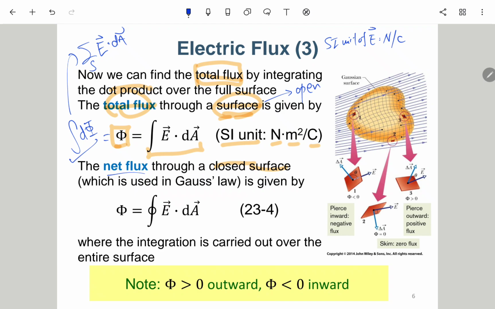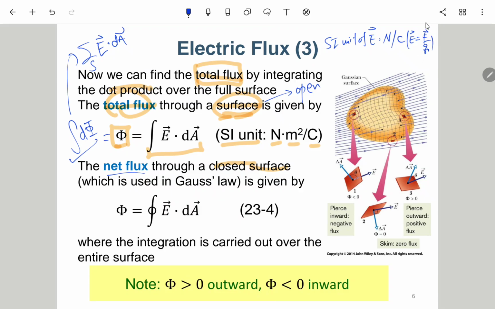If you can't really remember, you should remember that E is F over q. This is the definition of the E field.